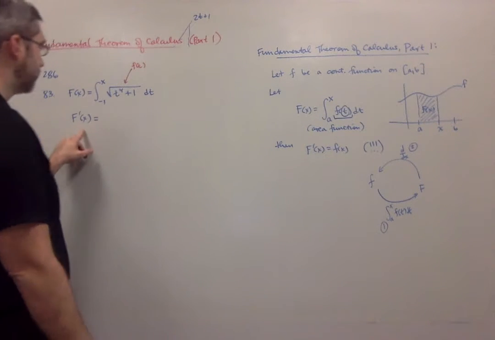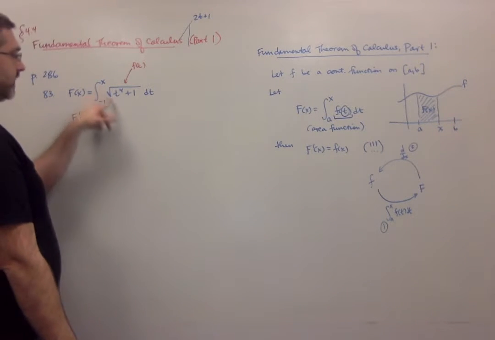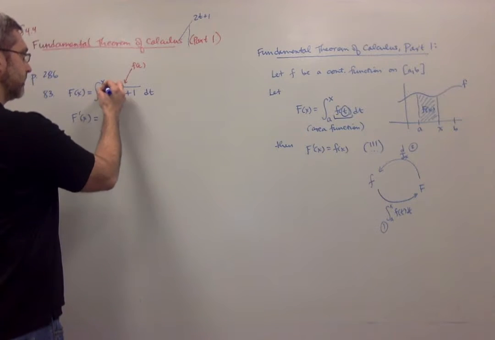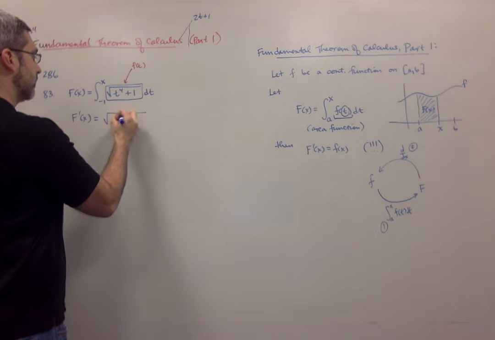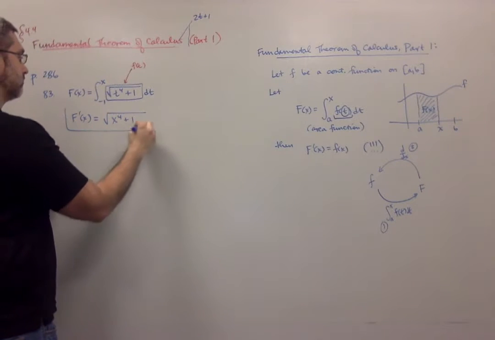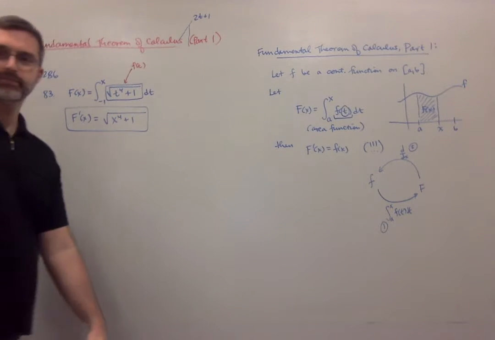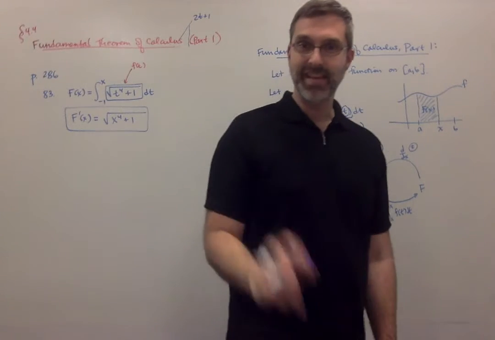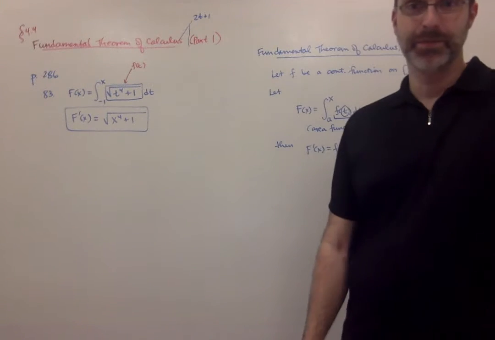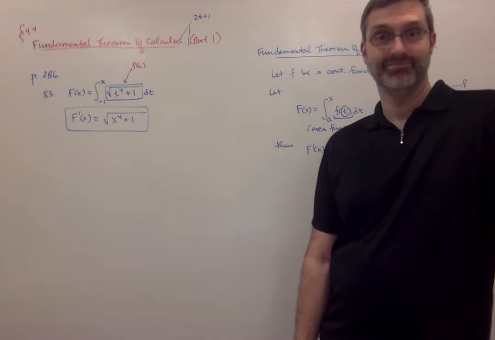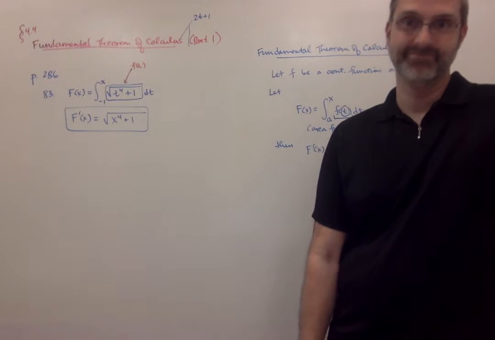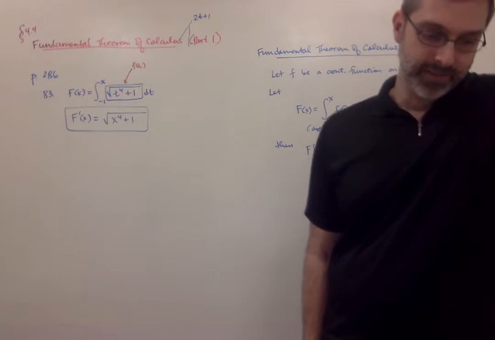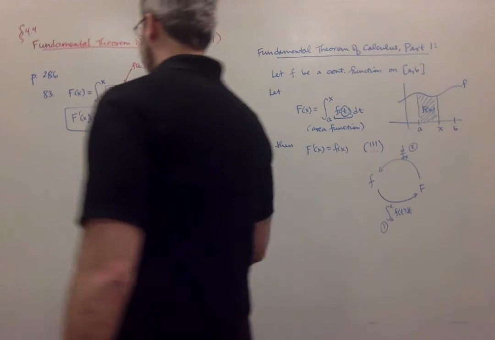So you take the inner function, plug in x instead of t, and you're done. That is problem number 83. That's all. Shocking. Not too bad, right?